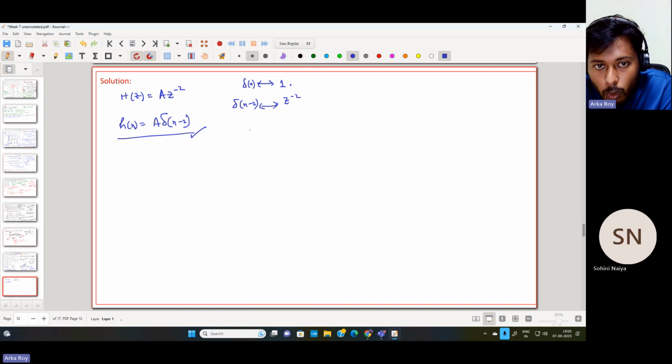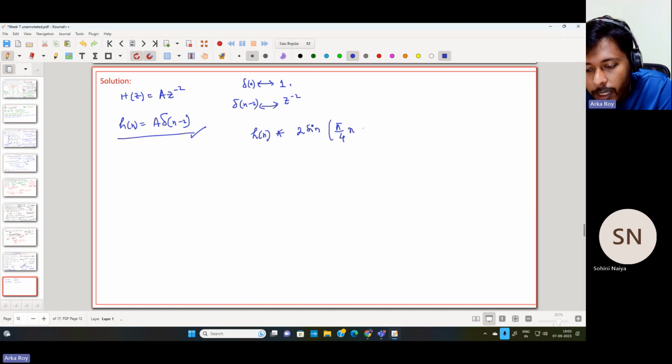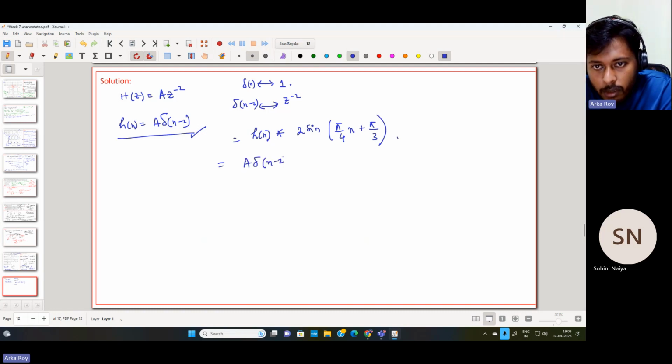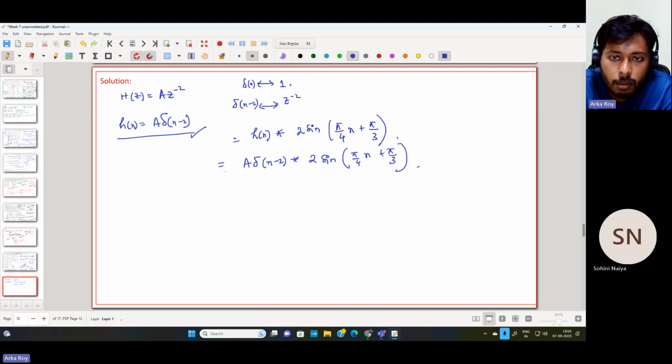Now we need to convolve this h[n] component with 2 sine(pi by 4 n plus pi by 3). So h[n] is A delta[n minus 2] convolved with 2 sine(pi upon 4 n plus pi by 3).